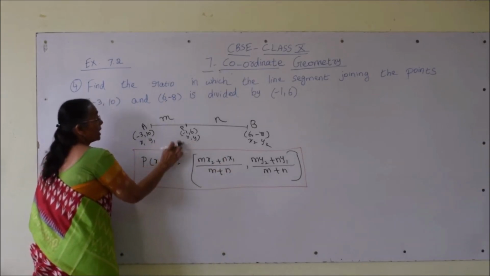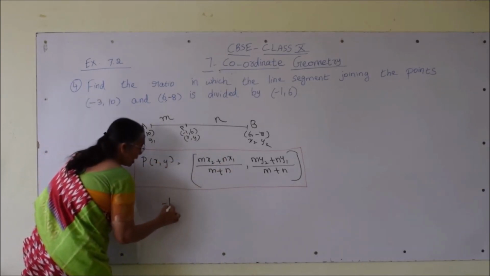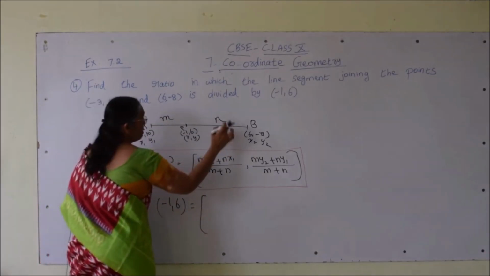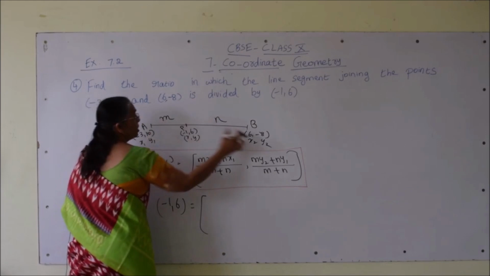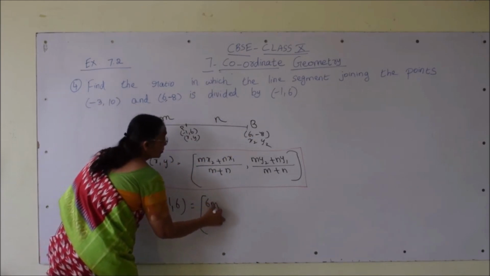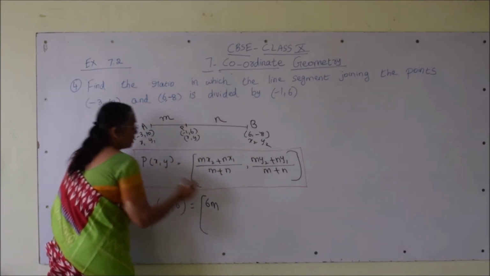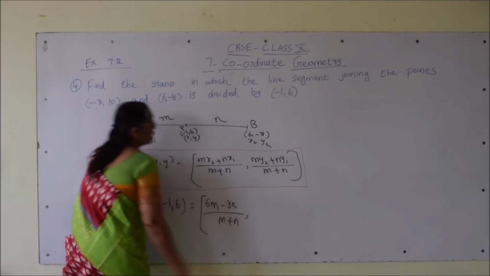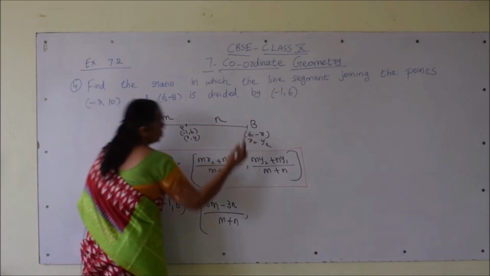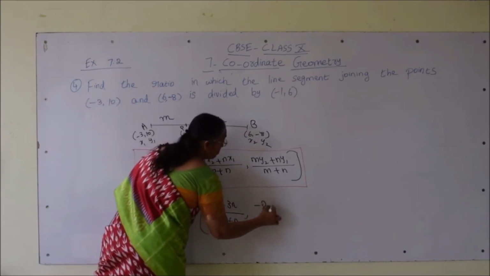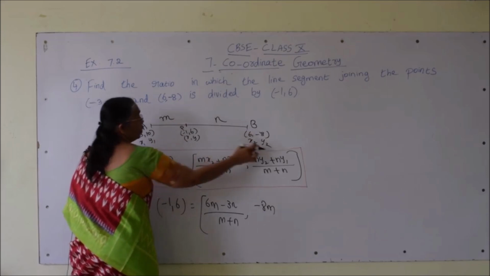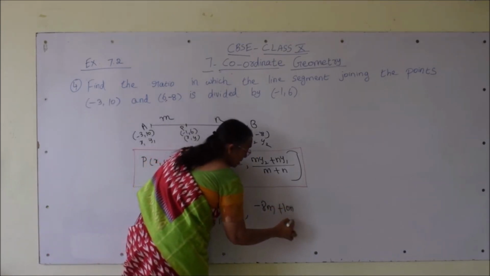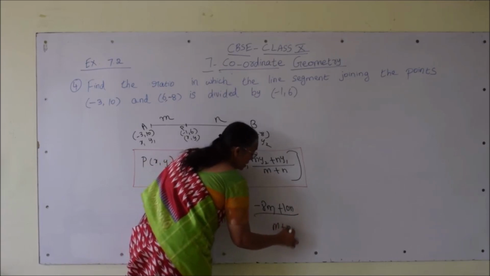So, x y is already given here, that is minus 1 comma 6, equals (mx2 plus nx1) by (m plus n), where m and n are the ratio we have to find out. That is (6m minus 3n) divided by (m plus n) comma (my2 minus 8m, plus ny1, 10n) divided by (m plus n).